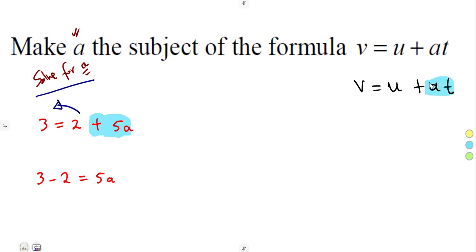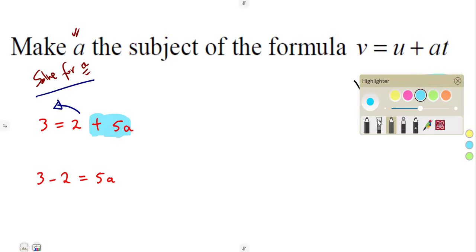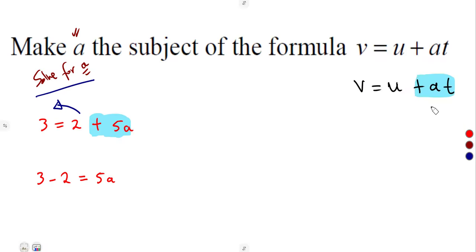So we must rearrange to say the terms that contain A are on one side of the equal sign. Are we going to take it this side? If you want, you can do it. But taking it this side makes it a negative. Why not avoid that?